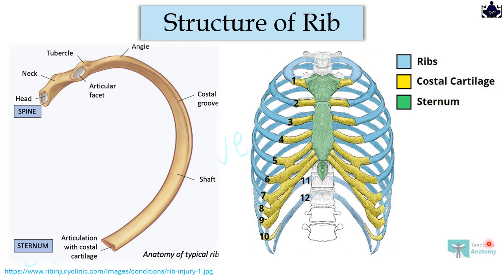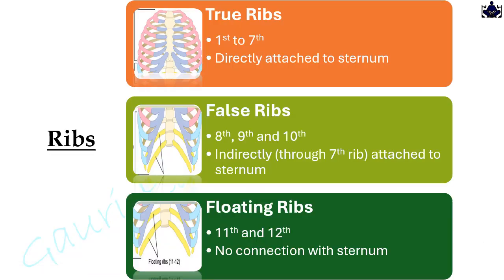But not all ribs are connected to the sternum. Here you can see that all the ribs are not attached directly to the sternum. Hence, depending on their attachment with the sternum, there are three types of ribs.